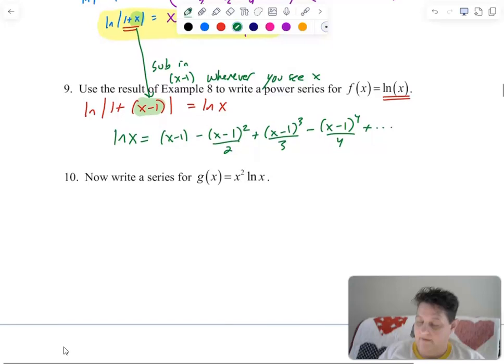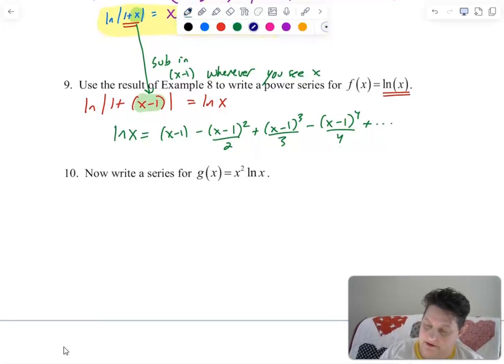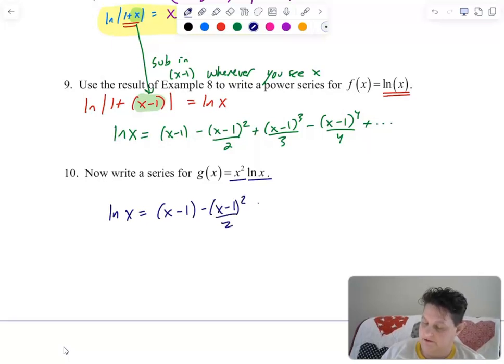Now if I'm writing a new series, this is just a question they sometimes ask you to do: x squared ln of x. So you say, the series for ln of x is x minus 1, minus x minus 1 squared over 2, plus x minus 1 cubed over 3, minus x minus 1 to the 4th over 4.